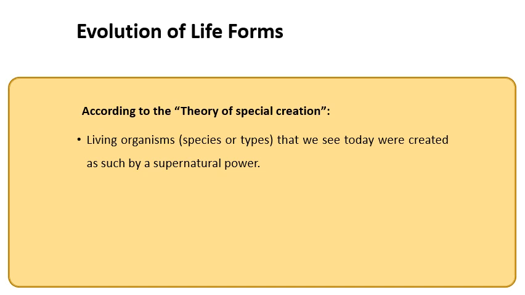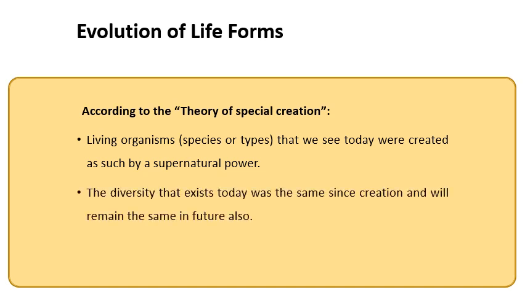And finally, on the sixth day, animals, including human beings, were created. The first man originated on this earth was Adam, and the first woman created by God was Eve. This theory was called the theory of special creation, proposed by Sudras.